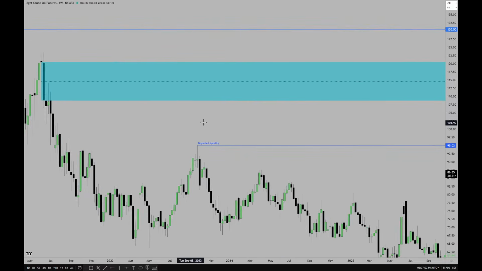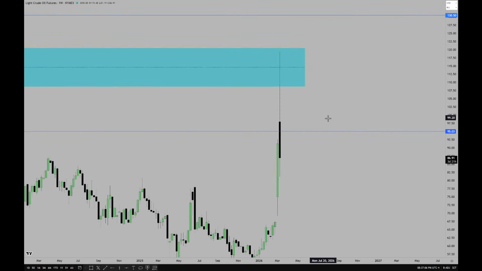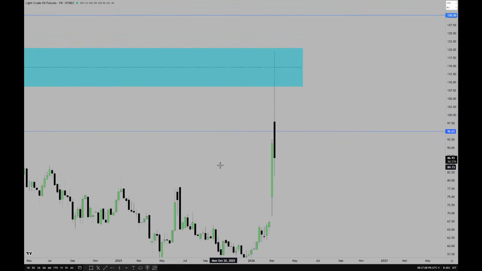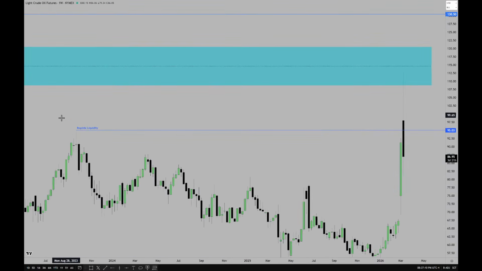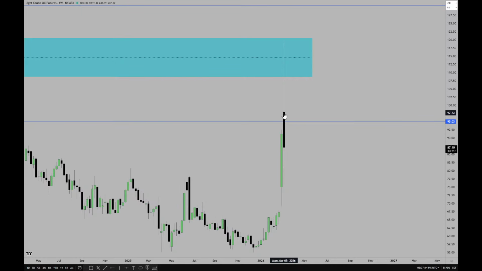And going over to what we saw last night at 6 p.m. when we opened up, we opened above that high, as I indicated we probably might do, and then went straight on up to a high of 119,000.48. And it just fell short of the high end of this inefficiency.